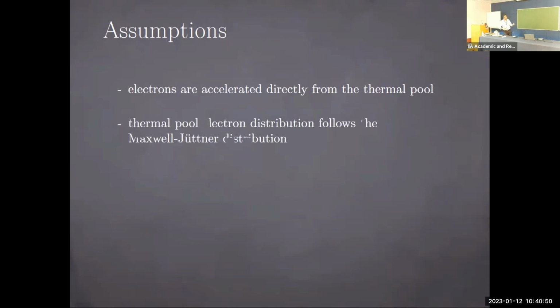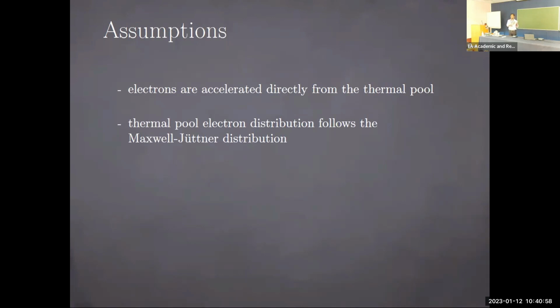With this, we took the following assumptions. For this modeling, we consider thermal electrons only, meaning the electrons are accelerated directly from the thermal pool. No fossil electrons are considered during this modeling. Second, the thermal pool electrons follow the Maxwellian-Jüttner distribution. Why so?